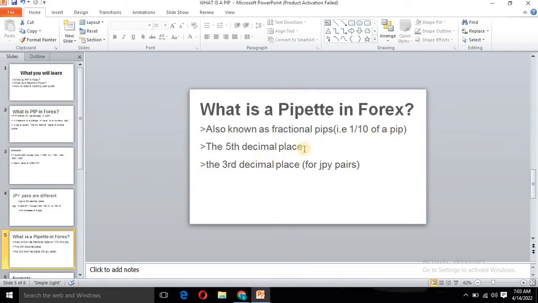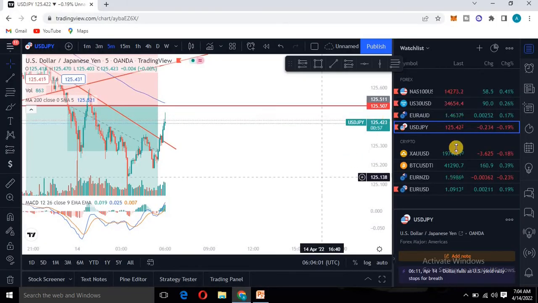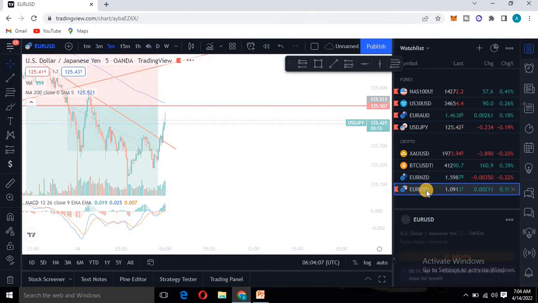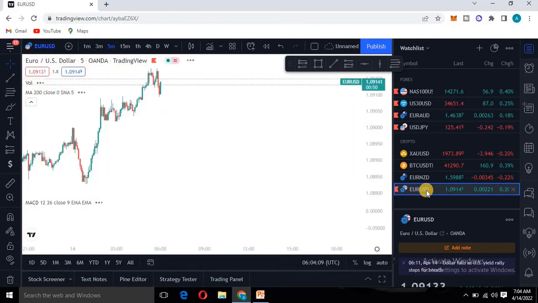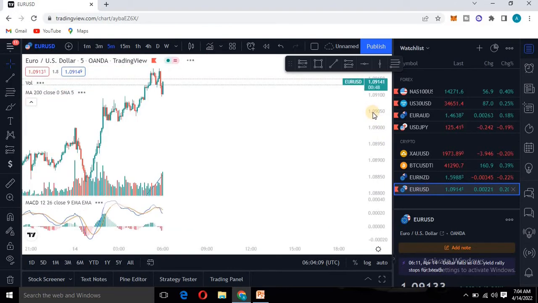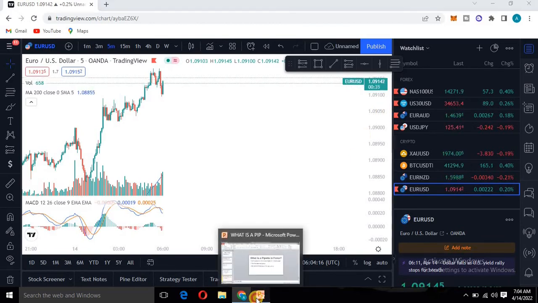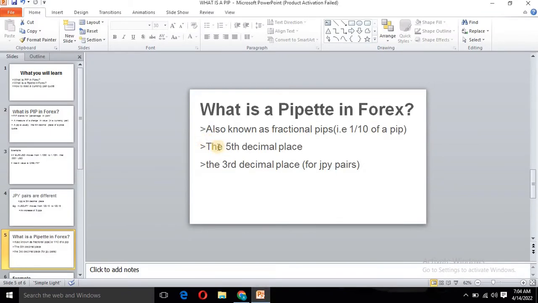The fifth decimal place. Remember, when you are looking at, let's say, Euro USD for instance, we have up to 5 decimal places here. I told you the other time to ignore the last one. That last one is what we call pipette.